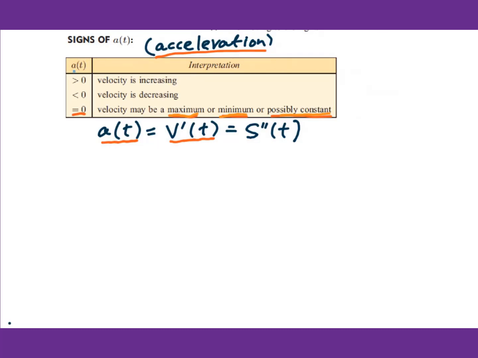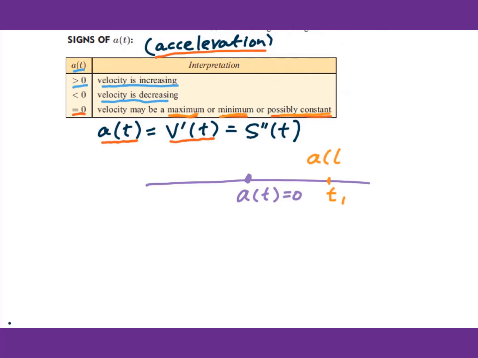When a of t is positive, the velocity is increasing. When a of t is less than 0, the velocity is decreasing. So let's draw the sign diagram. This point means a of t equals 0. If at t1 we have a of t1 greater than 0, this means the velocity is increasing.